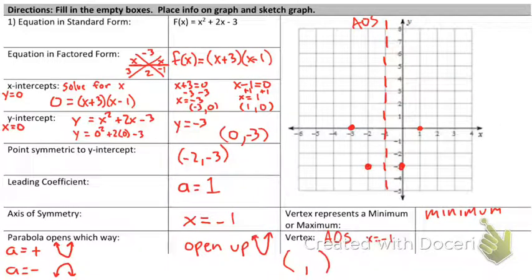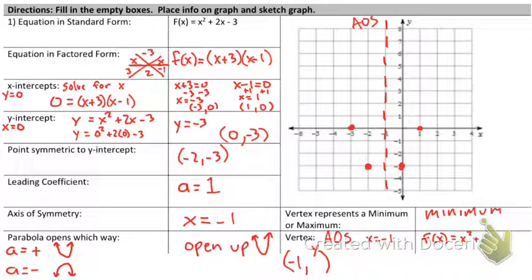Okay? So in this case, we already know x is negative 1. We are trying to figure out what our y value is. To do that, we plug x into our equation up here. So again, instead of f of x, I'm going to replace f of x with y because that's what we're looking for.